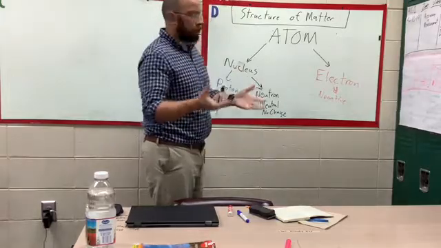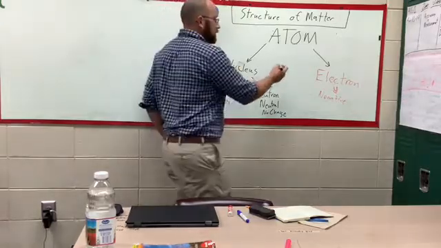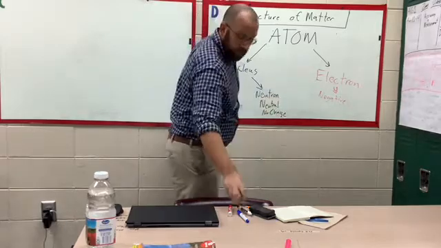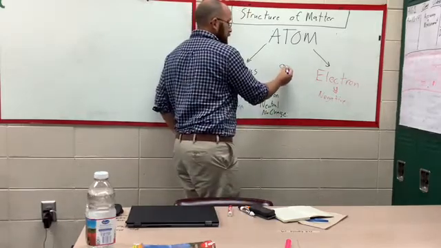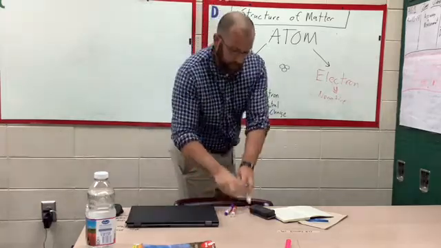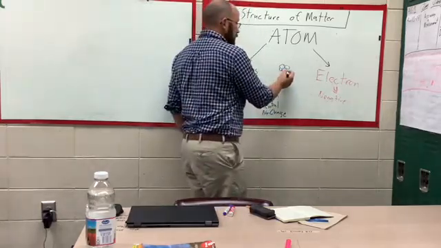And all of these, so if you're looking at an atom, it sort of looks like this. So I'm going to color code it for you. So if I have 3 protons, got our neutrons.